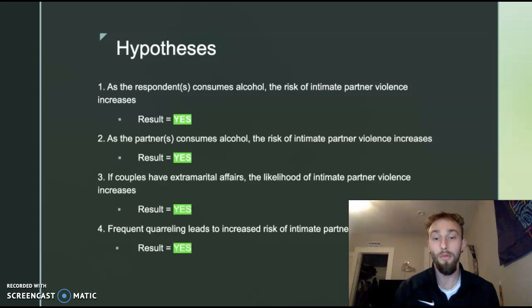This was found to be true as well. Third, if couples are partaking in extramarital affairs or seeing other partners, their likelihood of intimate partner violence is also found to increase. And lastly, frequent quarreling was found to lead to increased risks of intimate partner violence.